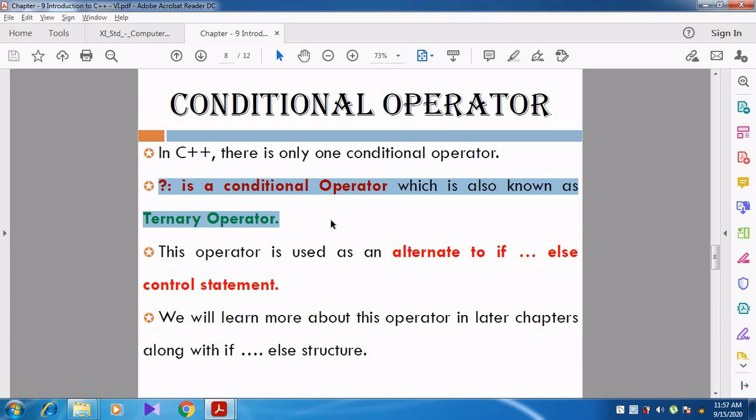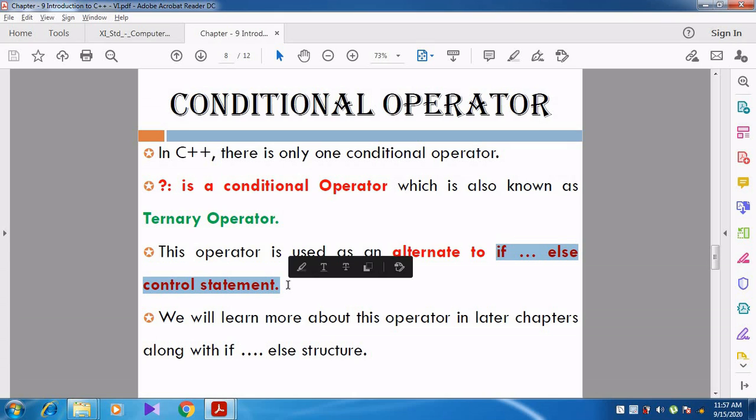So why are we using this conditional operator? What is the usage? We want to discuss this conditional operator, but instead of discussing it in this lesson, we can discuss it in the next lesson, because this is related to a control statement called the if-else statement.